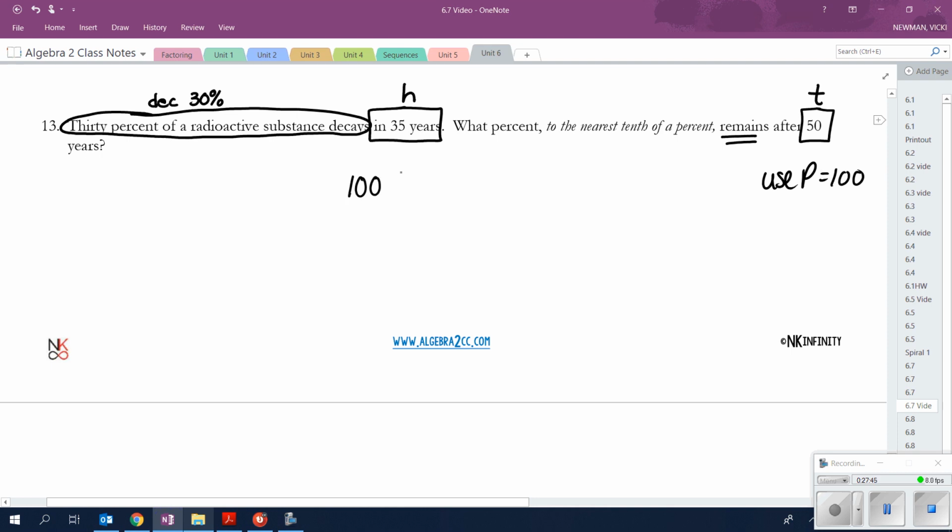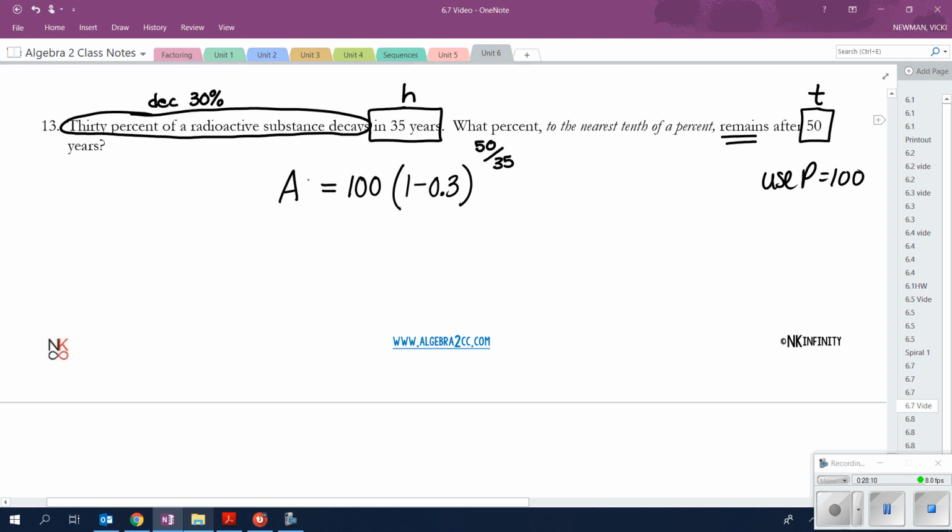100%. And in the parentheses, you can do this 2 ways. It's still decay. It's 1 minus 30%. So 1 minus 0.3 is really what? 0.7. To the T, 50, over H, 35, is equal to our amount.